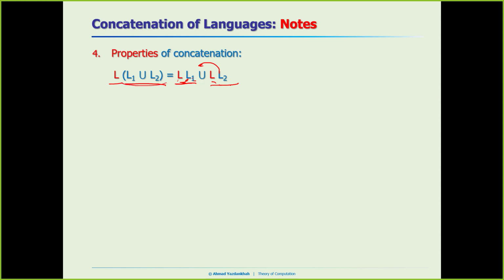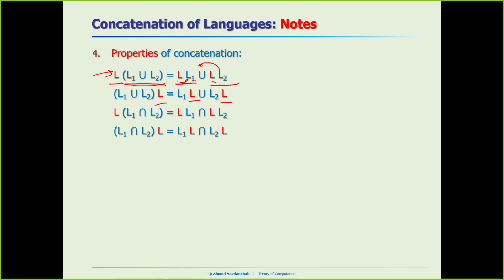We have some properties for concatenation. I mentioned some of them here. If we concatenate L with the union of two languages, the concatenation has the distribution property. You can concatenate these two guys and these guys and then union, or union the languages and concatenate. It can be from the left or it can be from the right. It doesn't matter. And the same thing for intersection.